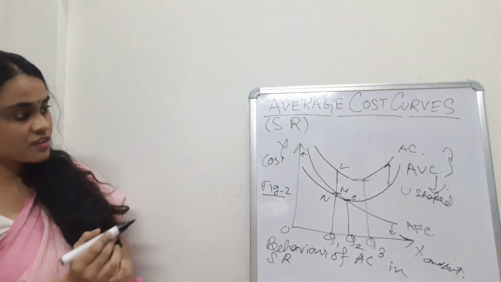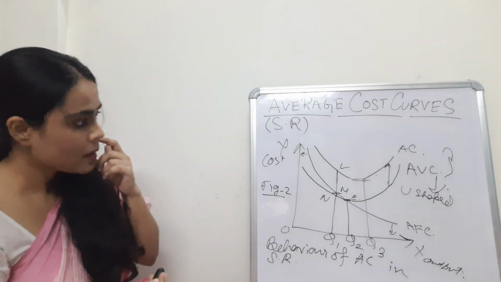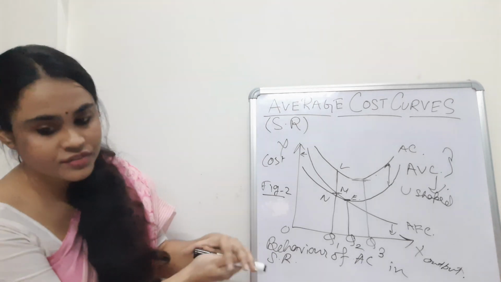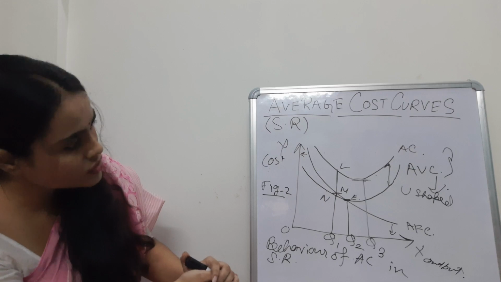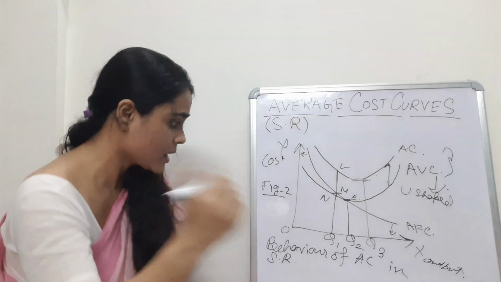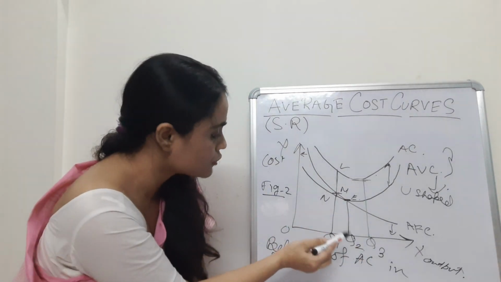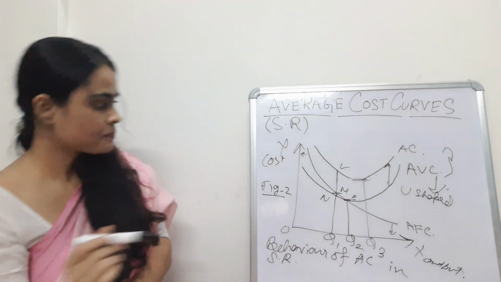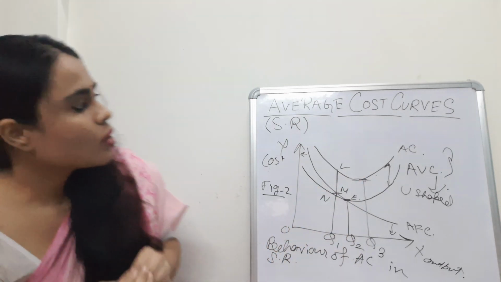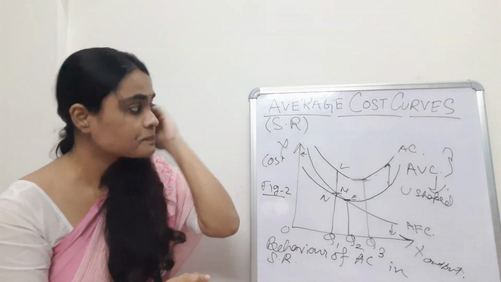Sorry, I forgot to say, this point is the optimum output level. So this is the behavior of the average cost curve.